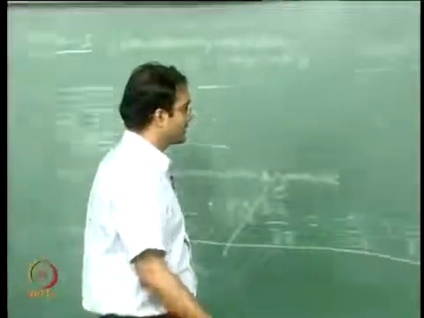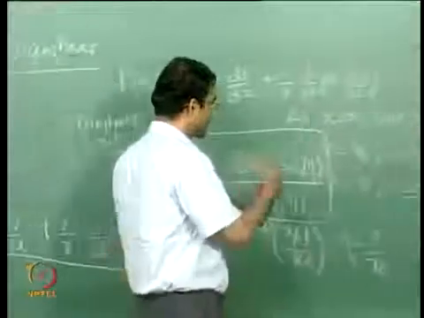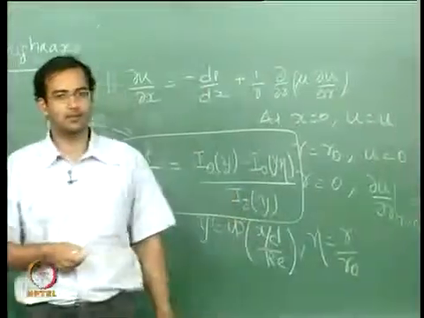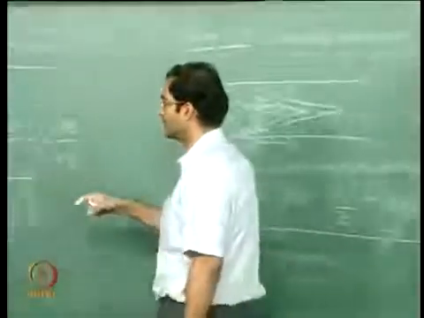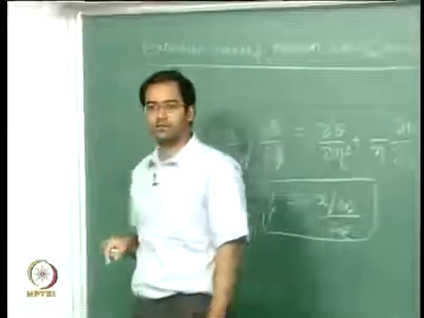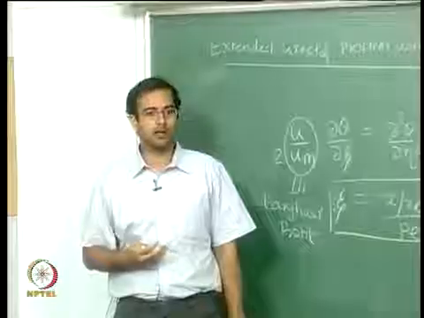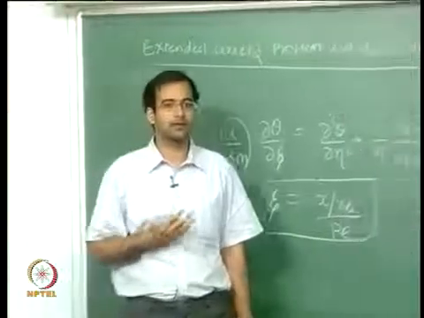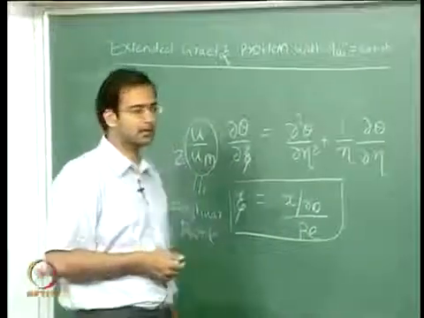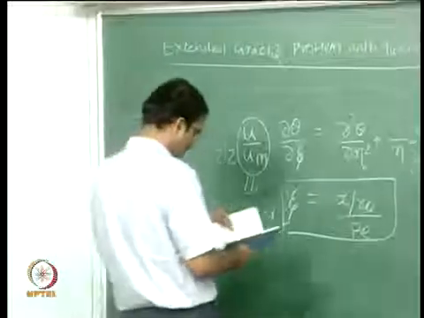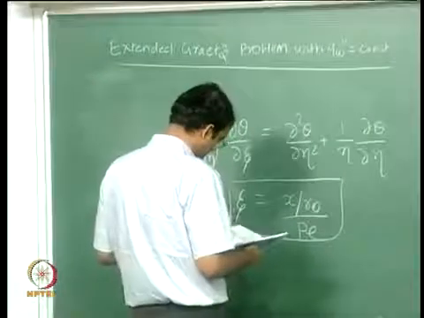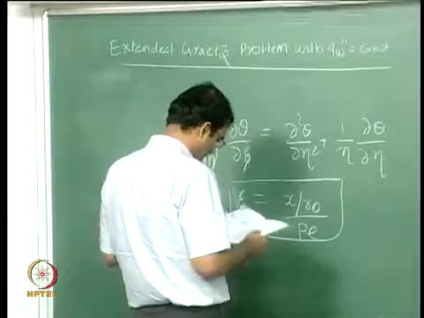Okay, so this cannot be analytically solved, because your velocity profile is not only a function of eta but also a function of zeta. So this again has to be solved numerically with boundary conditions, whether it's constant wall temperature or constant wall flux, and you get the solution for the temperature and of course the final Nusselt number.